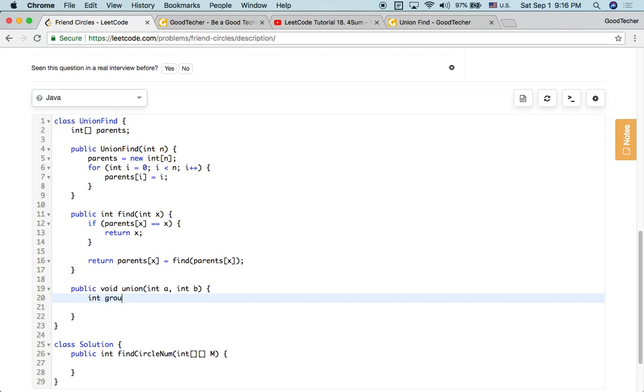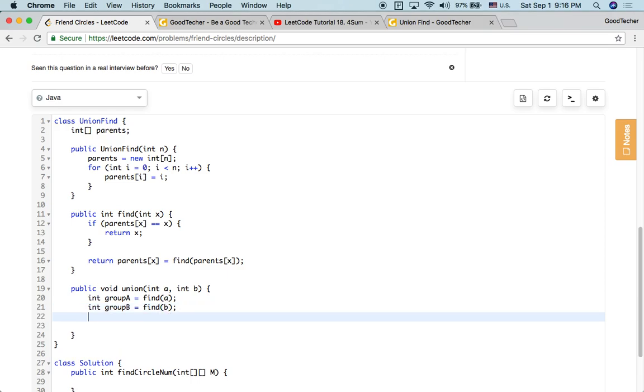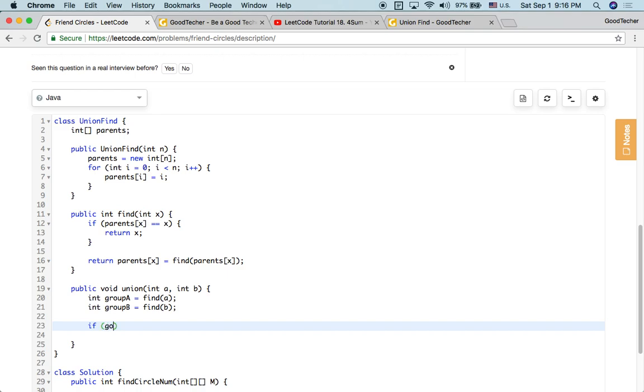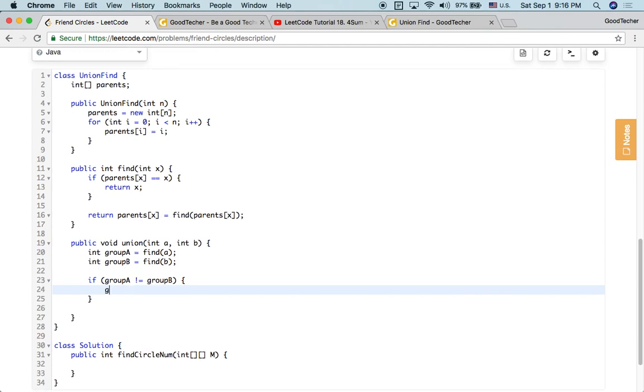Group A is find(a), group B is find(b). If group A is not equal to group B, then we have to update the value inside the array for group A to group B.